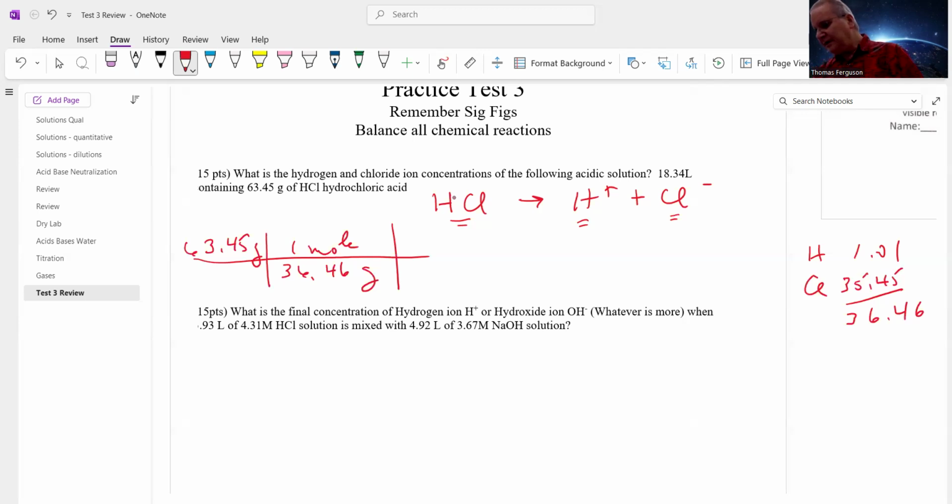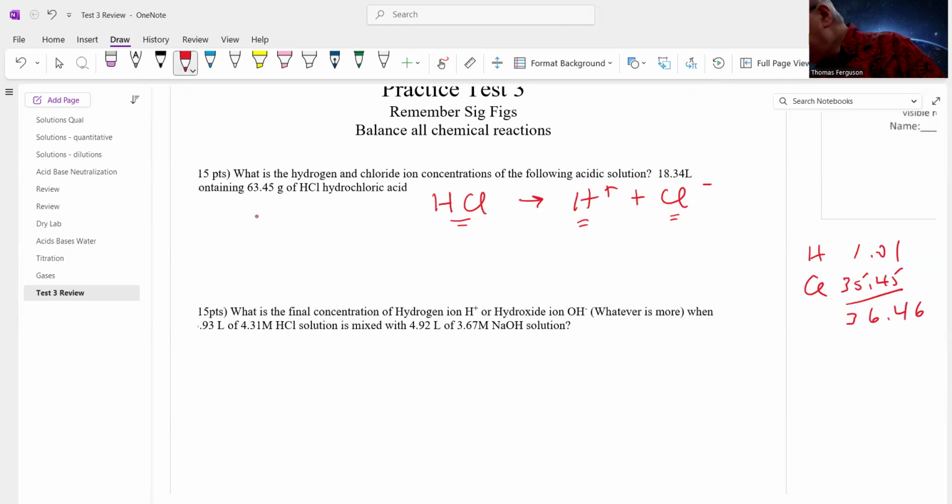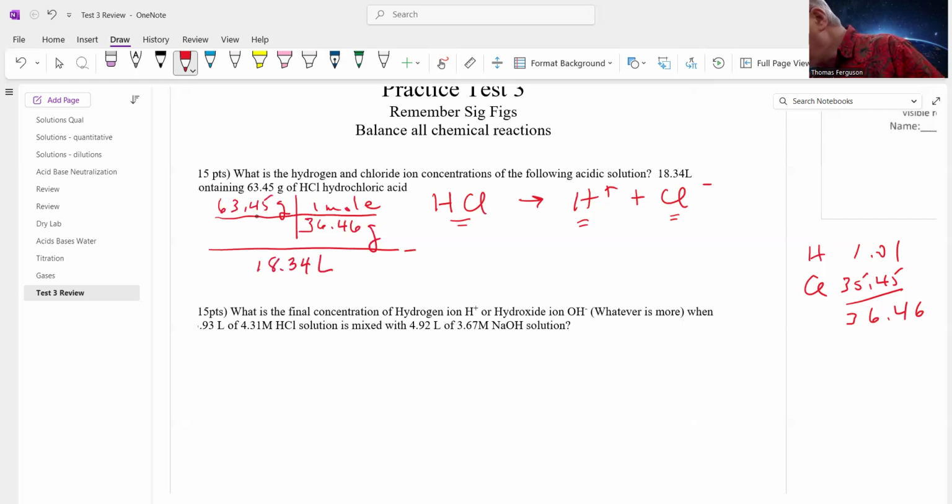And then those moles are going to be in 1.834 liters of water. So this is all going to be over, let me rewrite this smaller. So this would be the concentration of the HCl.